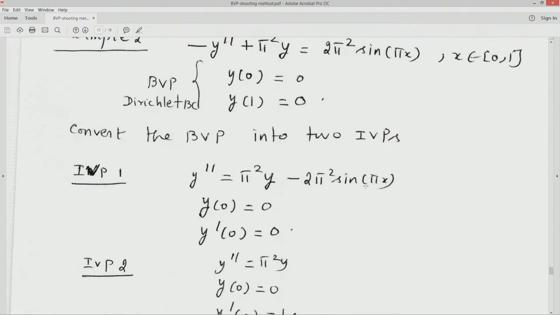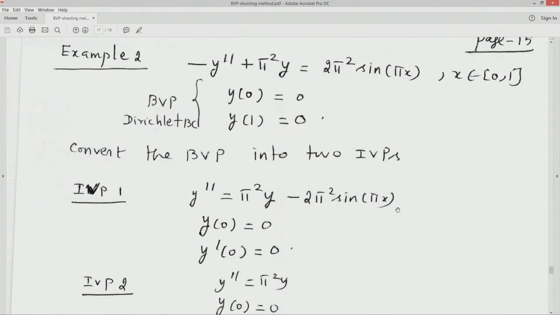What about the initial condition? Y at 0 should be taken as 0 and it is the same as what is prescribed in the boundary value problem. So, I have that condition written down here. What about y prime 0? It can be arbitrarily prescribed. So, we prescribe it to be 0. That completes the definition of the first initial value problem.